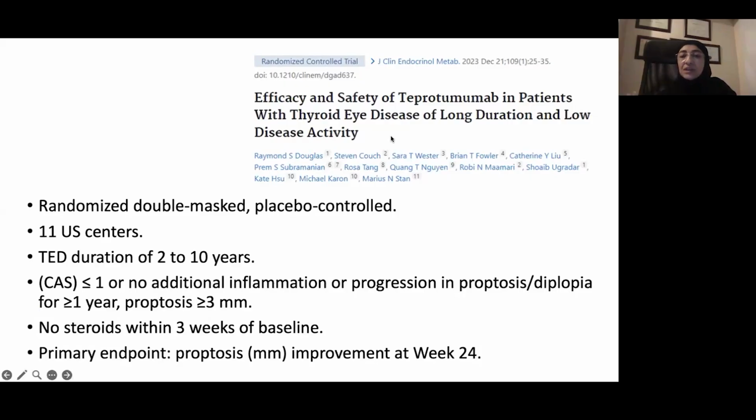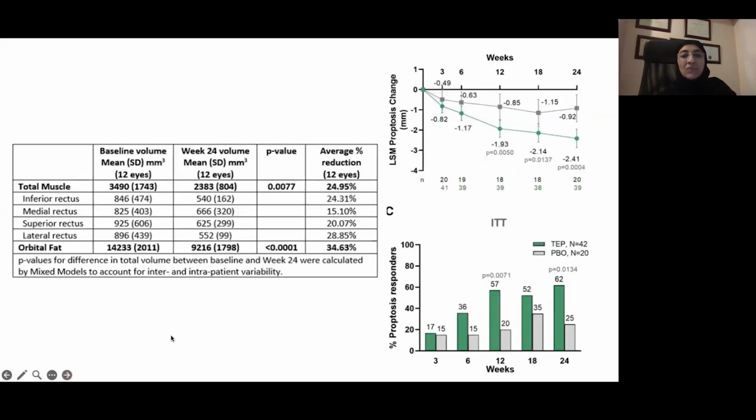So this study addressed the efficacy of teprotumumab in low disease activity patients. Obviously, the primary endpoint is to monitor and measure the improvement of proptosis and diplopia. These are the measured outcomes which can be correlated clinically.